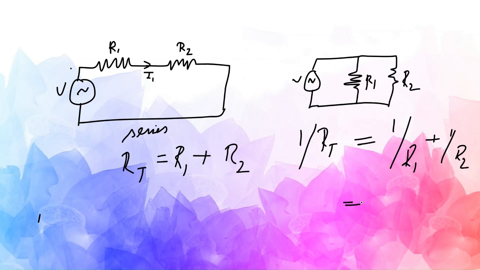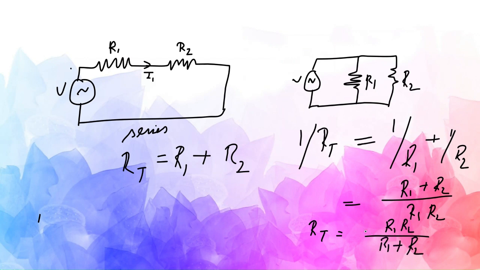So it becomes R1 R2 over R1 plus R2. So R total becomes R1 R2 by R1 plus R2.